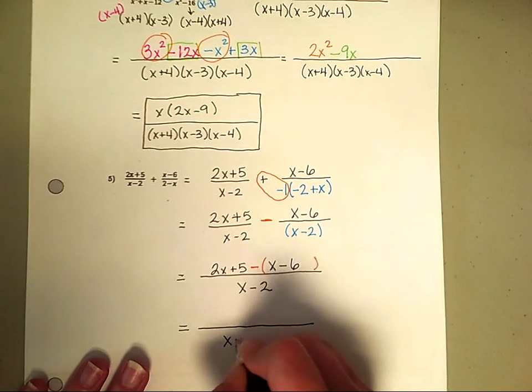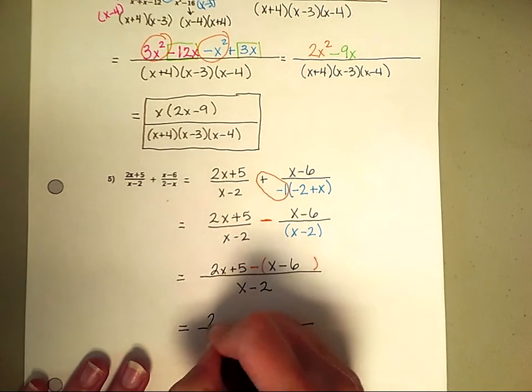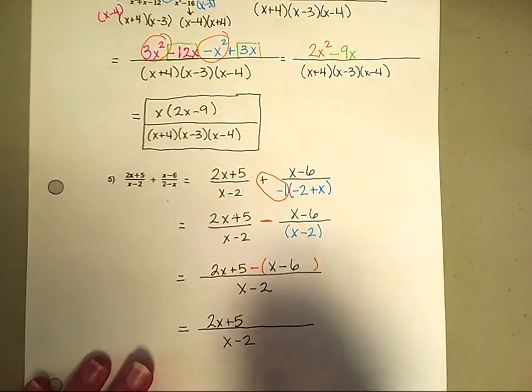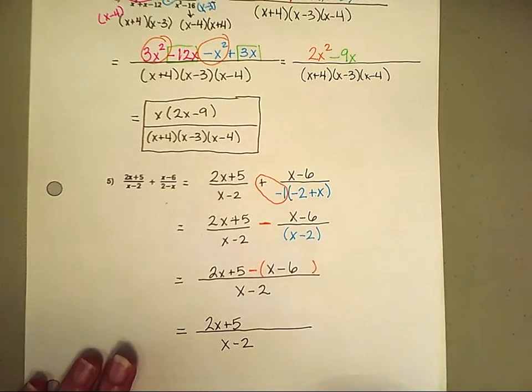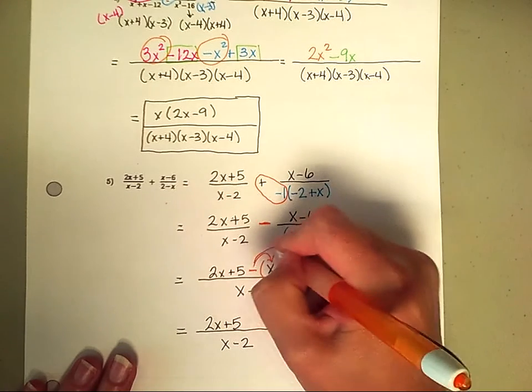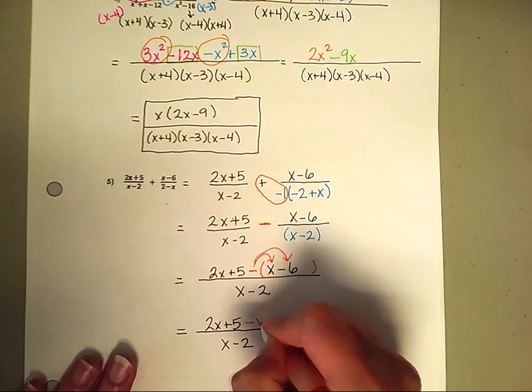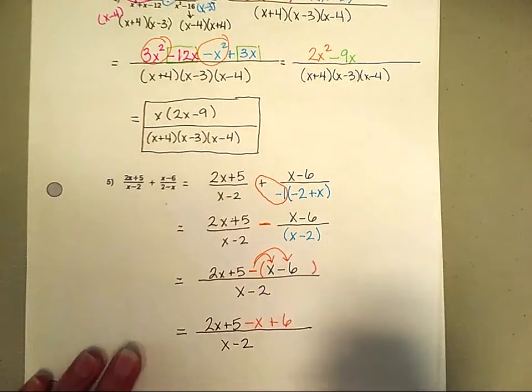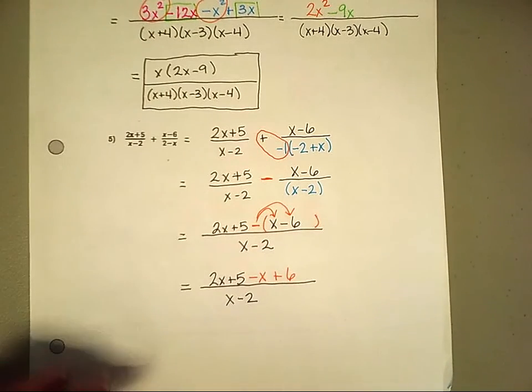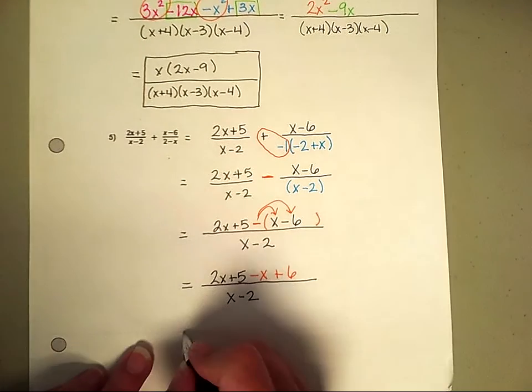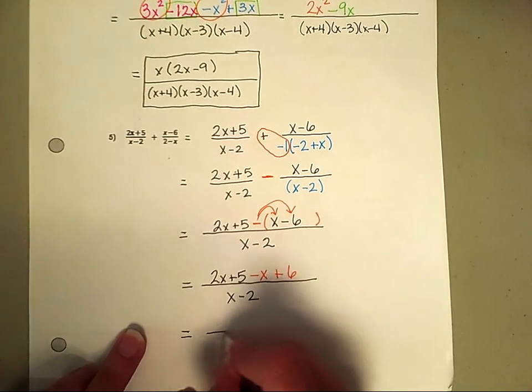And now this will be over x minus 2. Nothing changes with the first part. But once we distribute that negative, we get minus x plus 6. Which we can combine like terms for.